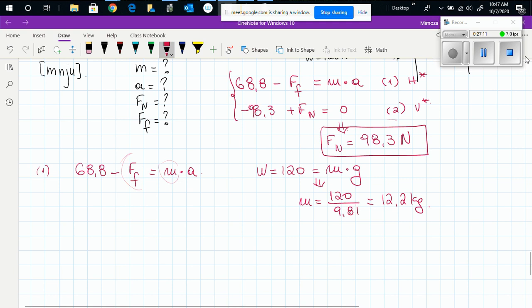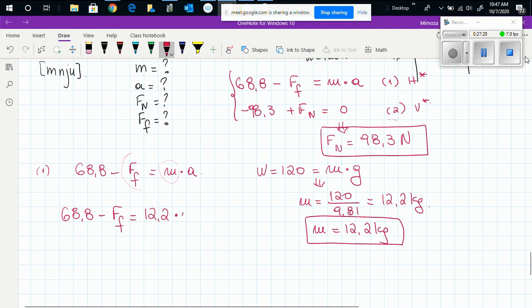So we found mass as 12.2 kilograms. Okay, so now the equation will be 68.8 minus force of friction is equal to 12.2 times acceleration. Still, we cannot solve it because we have two variables in one equation.